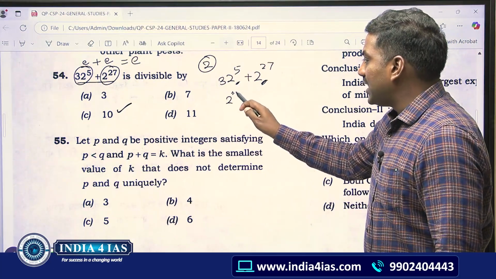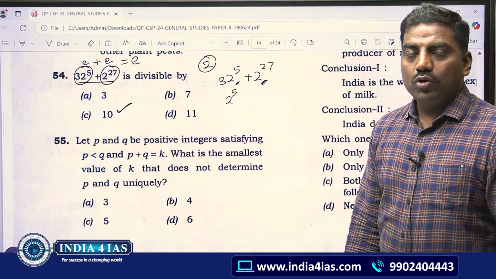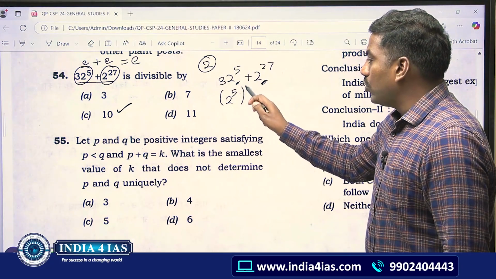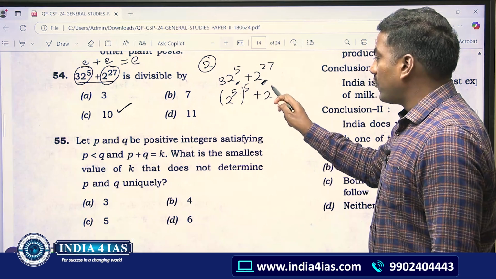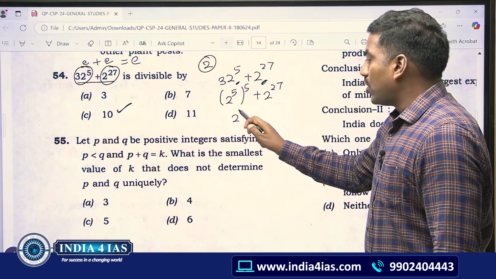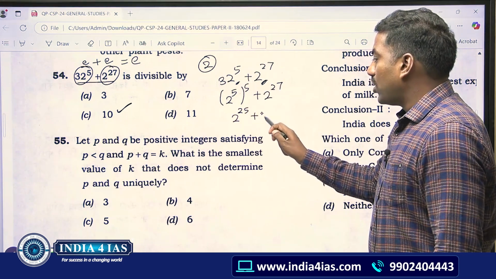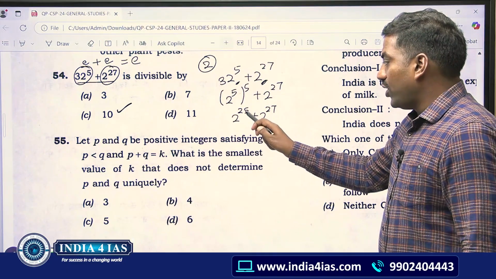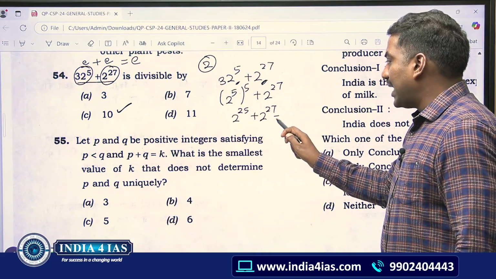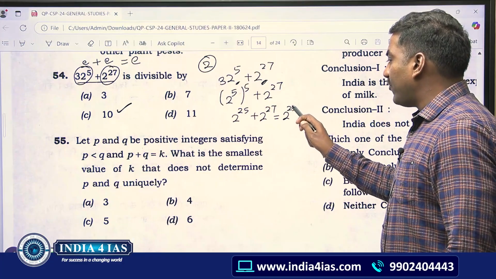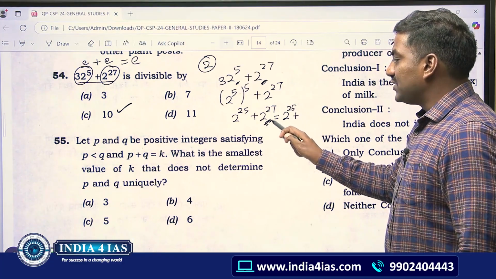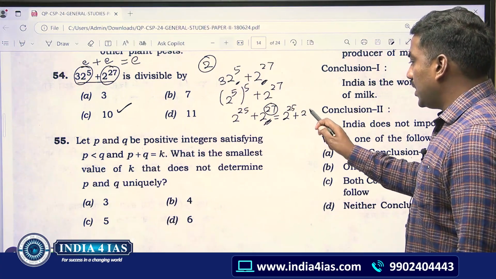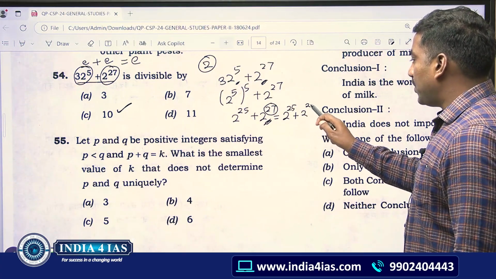32 can be expressed as 2 to the power of 5, because 2 into 2 into 2 into 2 into 2 is 32. So (2 to the power of 5) to the power of 5 plus 2 to the power of 27 is 2 to the power of 25 plus 2 to the power of 27. I can split this 27 as 25 and 2, so 2 to the power of 2 plus 25.